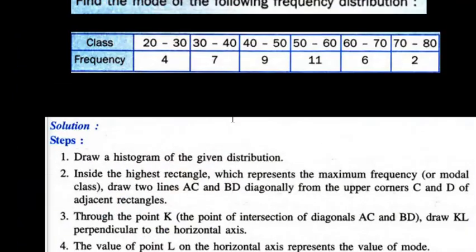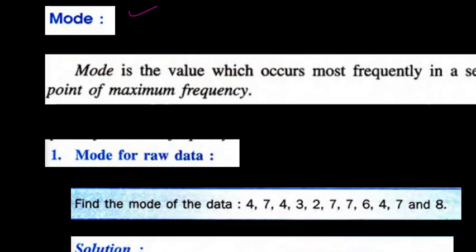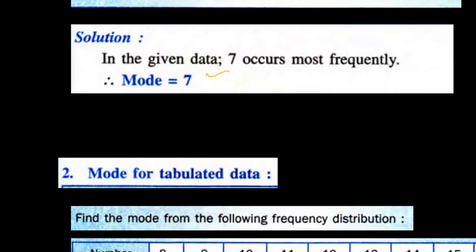Here we have to find the mode of the following numbers: 5, 7, 6, 8, 9, 0, 6, 8, 1 and 8. How have you done this for ungrouped data? You say that in the given data, 7 is coming one time and 8 is coming 3 times.